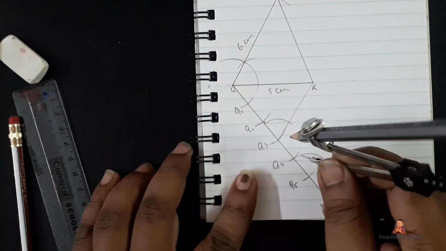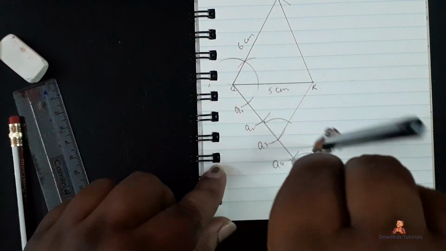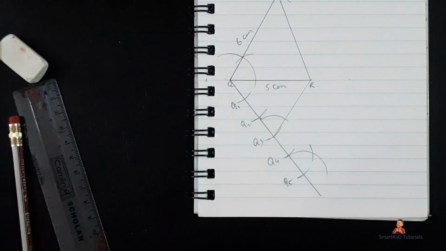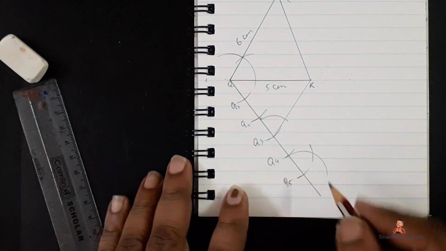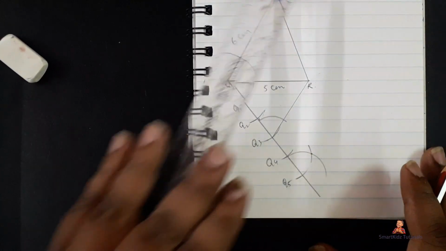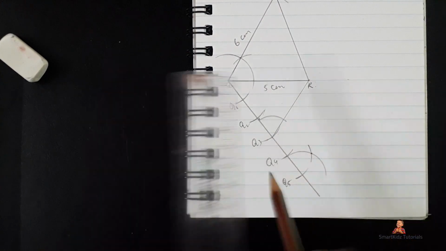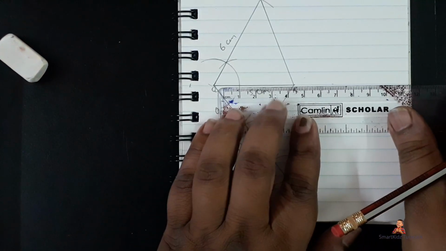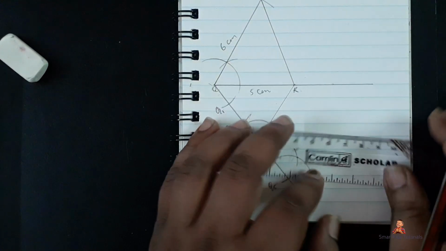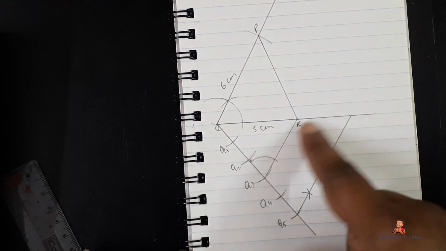So I'm going to take this measurement here and cut this arc this way. So same measurement. Now where these two arcs intersect each other, I'm just going to make a point here, and I'm going to draw a line from this Q5 passing through this point, and we're just going to extend QR this way. Okay, so through this intersection, drawn a line that is parallel to Q3R.